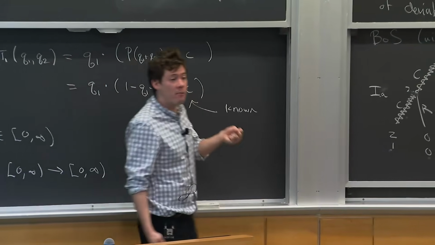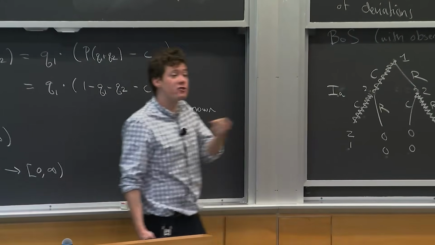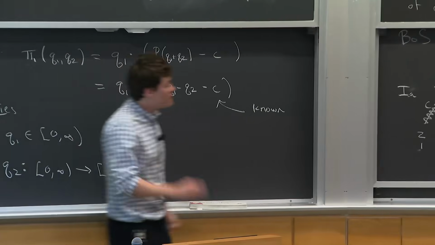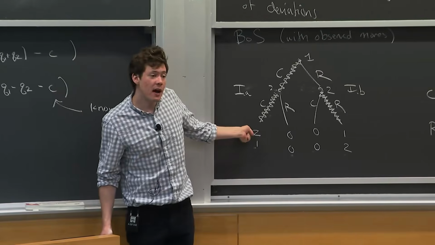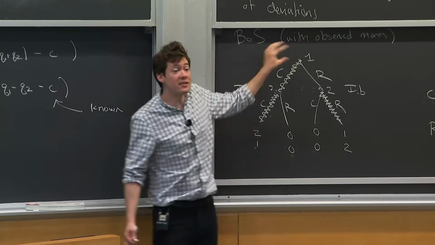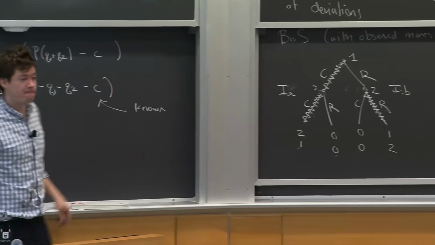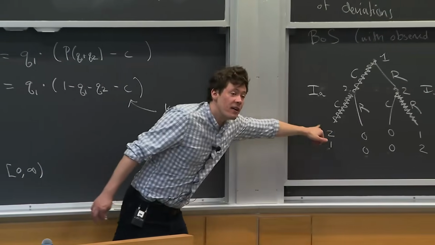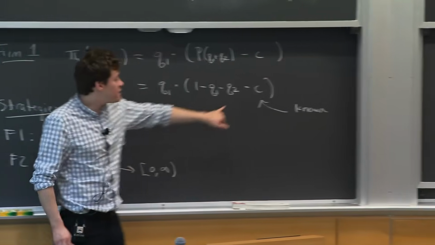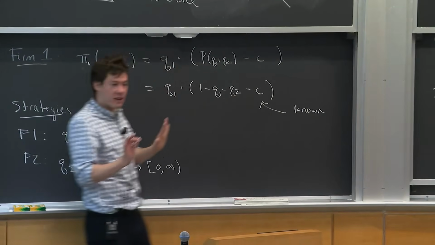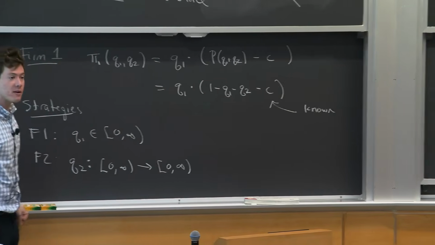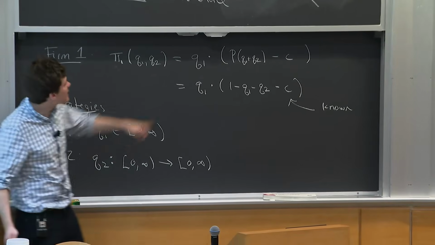It's just a known number that enters the utility functions but has no role in the strategies. If in this game I made this a 3, it wouldn't change the set of strategies. It would just change the payoffs people get from those strategies. And I could call this alpha, and the same would be true. But that's important. If C was private information, then it would get tricky. But we're going to assume it's known and public. Everyone knows it, just like everyone knows this market function, big P.